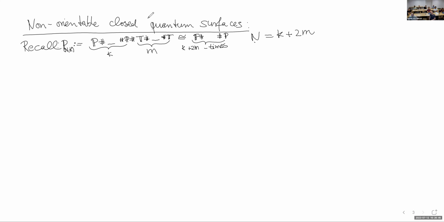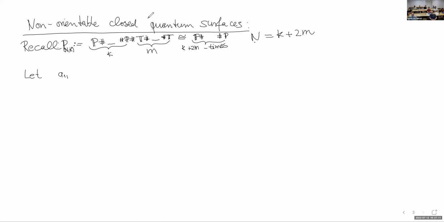Now, how many arcs will I need? Here T is the torus, the two-dimensional torus T2. I stop putting powers.